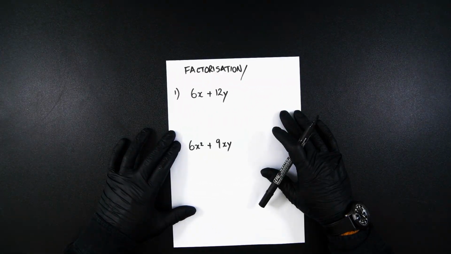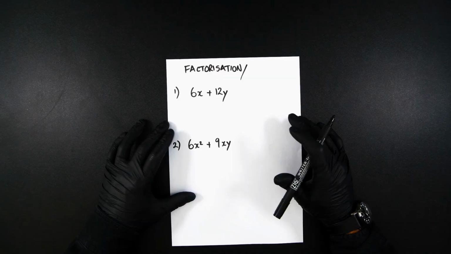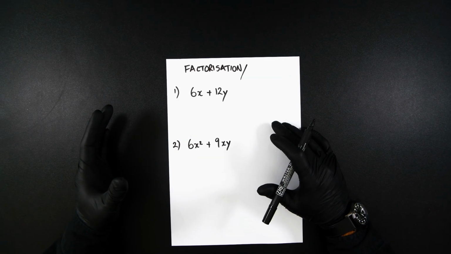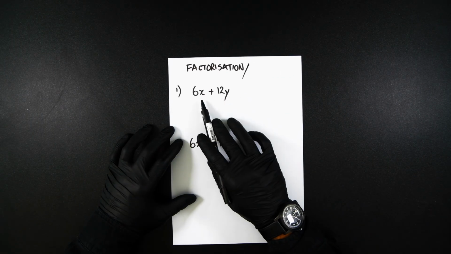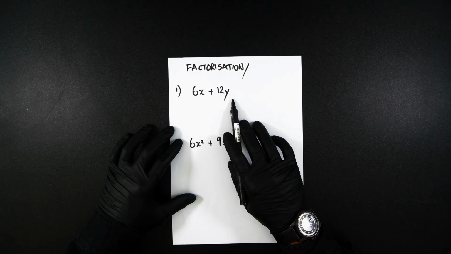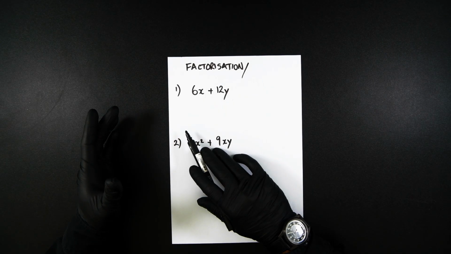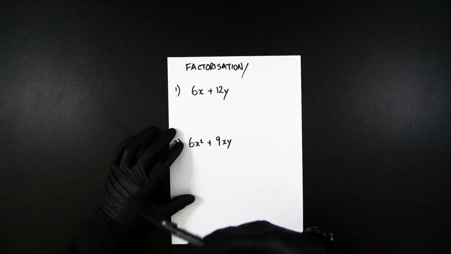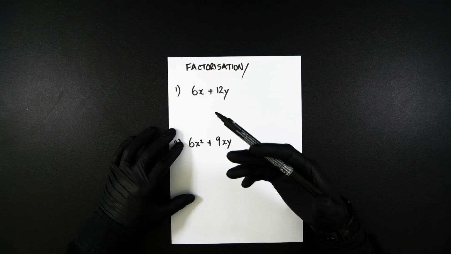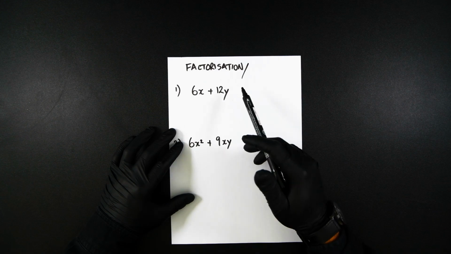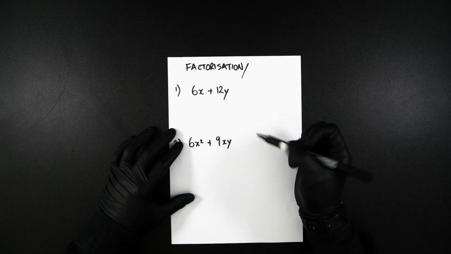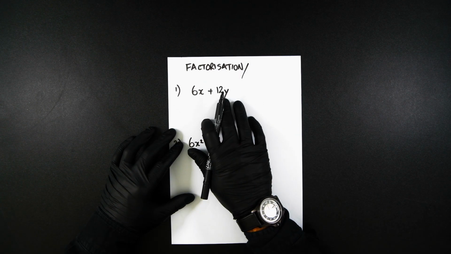Now that we've done expanding, factorising is the reverse of everything that we've just done. We're taking something that's been expanded and we're putting it back into brackets. Doing this, you need to know what the factors are for numbers and looking at common terms that are in both places. So here we have a 6 and a 12.